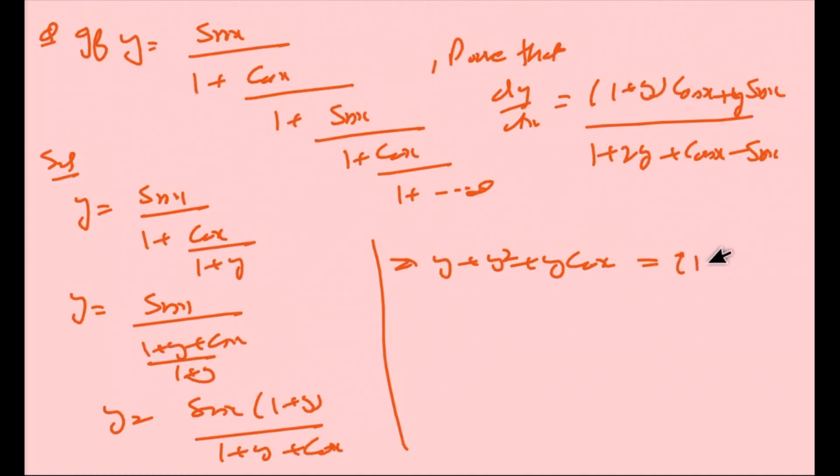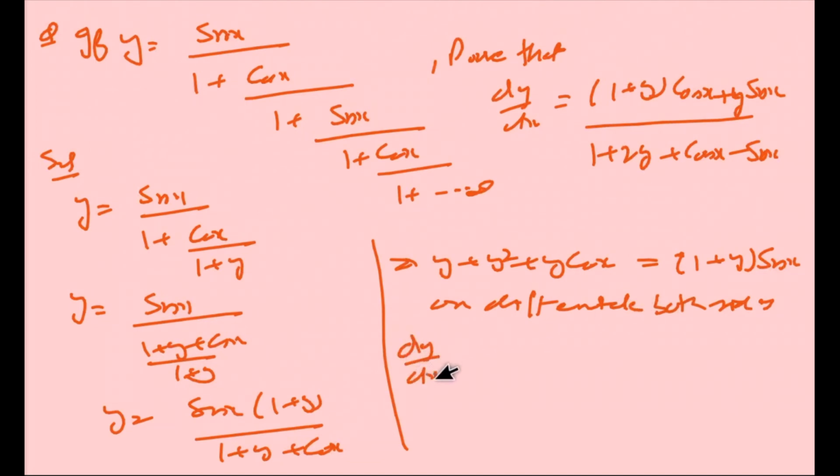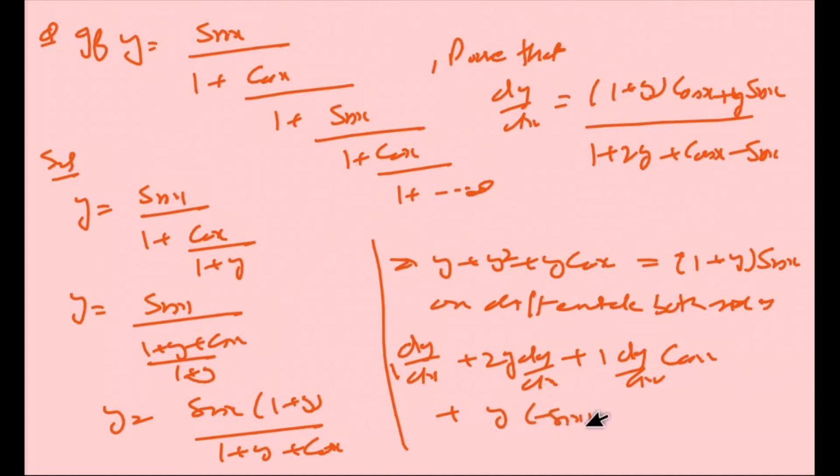And on differentiating both sides, dy by dx into 1 plus y square is 2y dy by dx plus y cos x, product formula: 1 dy by dx into cos x plus y into minus sin x.